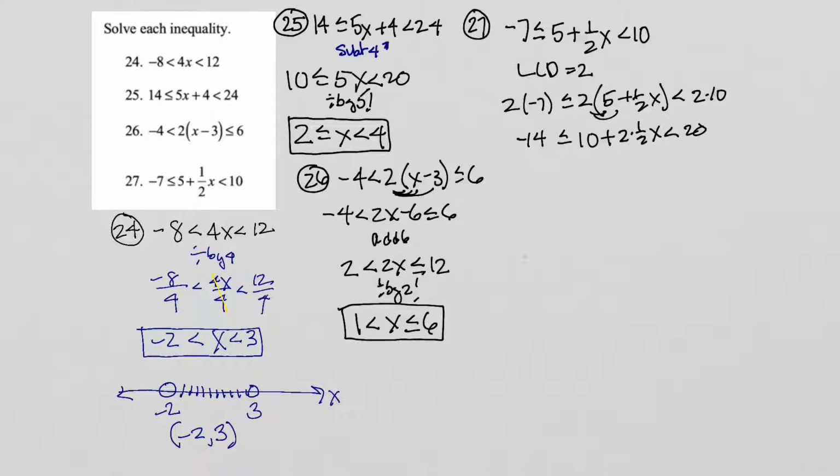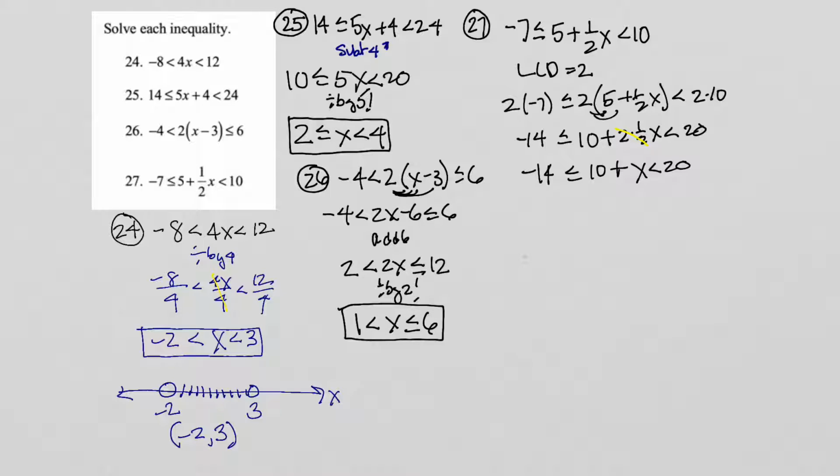Now you may know what that is and go ahead and go through that step. It's going to be negative 14 less than or equal to 10 plus, now 2 into 2 will go once, or 2 times 1/2 is 1. So we get 1x less than 20.